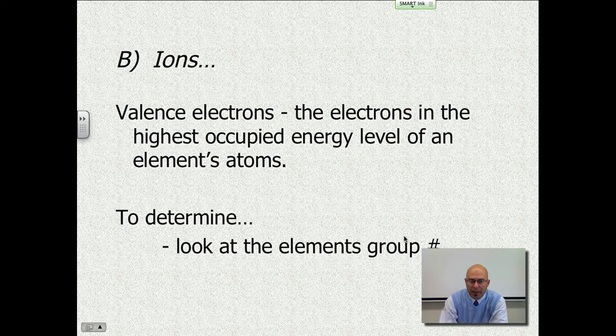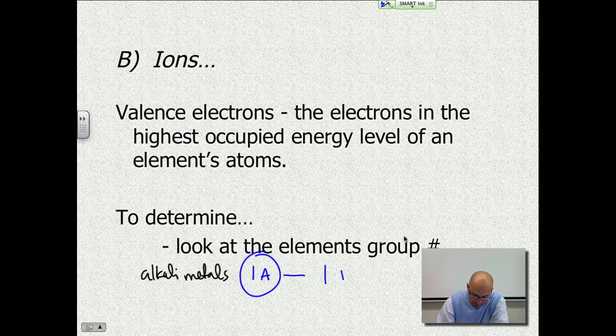It's super easy to remember. But the US way, European way, again, if we look at an example like the alkali metals, the alkali metals are in group 1A. So there would be 1 valence electron.